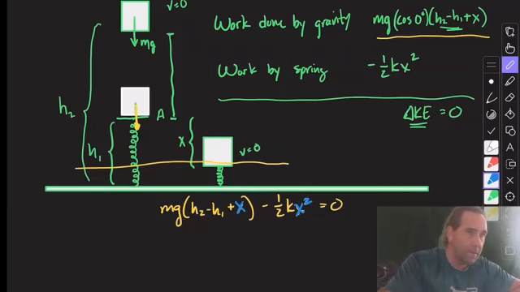Is it because after the work by gravity, well, gravity's work is done, but when the spring comes all the way back up and it can't stretch anymore, is that also why there's 2 points?